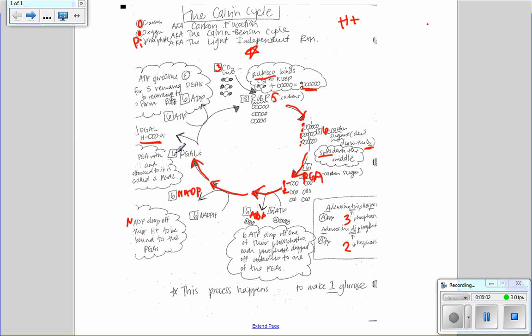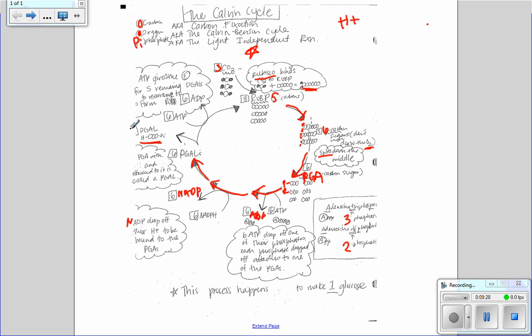Okay, so now we've got PGAs that have a phosphate bonded to one end because they got that from, what'd they get that from? What'd they get their phosphates from? Good, and then they have a hydrogen attached, not necessarily on the other end, that's just the way I drew it to make it good visually. Where'd they get that from?